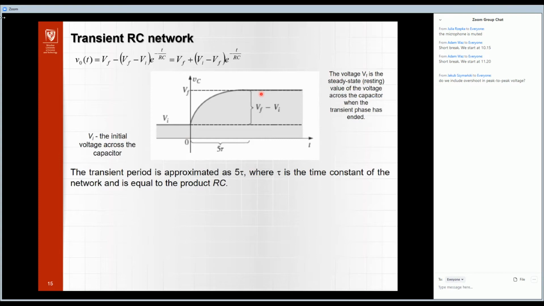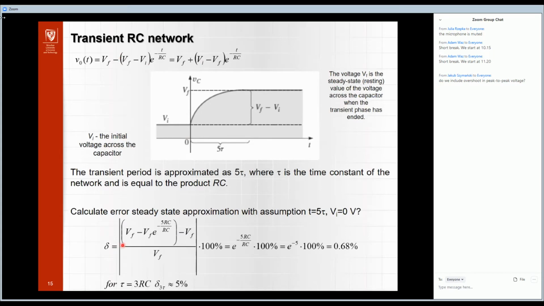Okay, and in this network tau is equal to RC, and we can calculate the error of the steady state approximation using this assumption t equal 5 tau. It is maybe simpler when you use initial voltage equal 0. So we use this formula, and we can calculate this error.